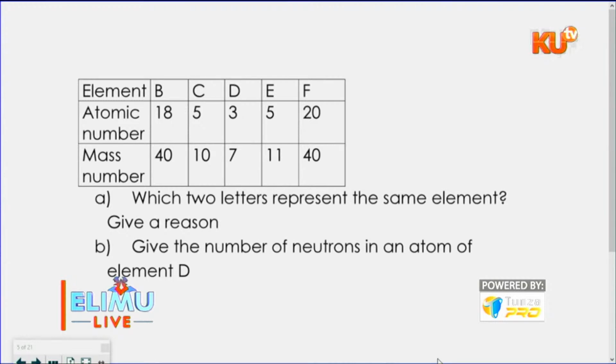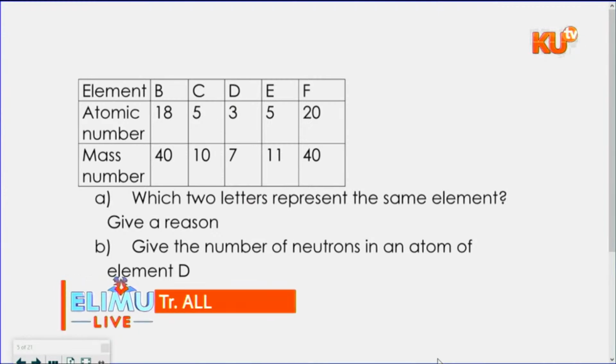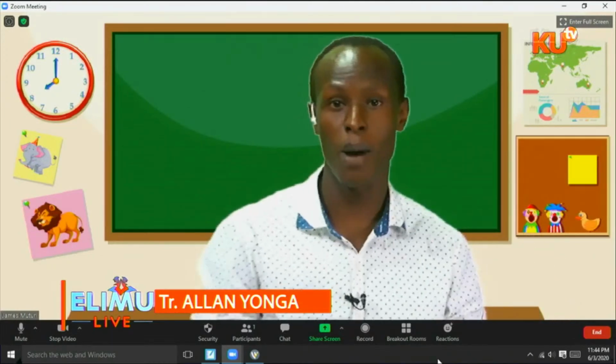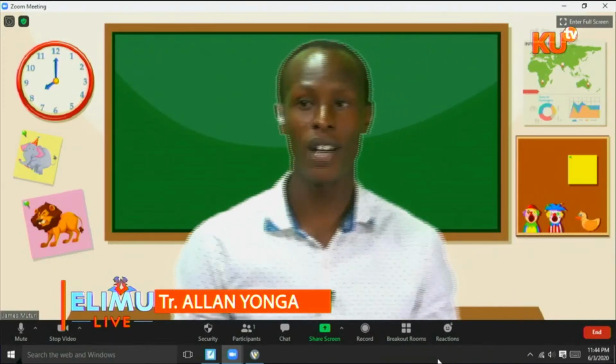So the reason, you're supposed also to give a reason. The answer is C and D, and the reason is they have the same atomic number but different mass number. So I hope students at home, that question has helped you to know how to define an isotope and how to identify an isotope given the atomic number and the mass number.